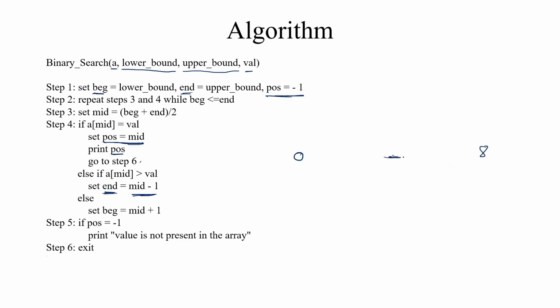This is some element and it is bigger than the element we are searching, then we will search the left side. Searching the left side means your beginning index will not change, but your ending index will become mid minus 1, because this was your middle element. That's why I'm writing mid minus 1. Else, if it is less, beginning is equal to mid plus 1.